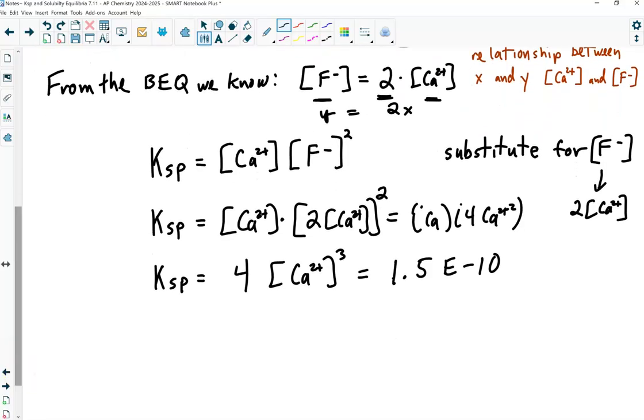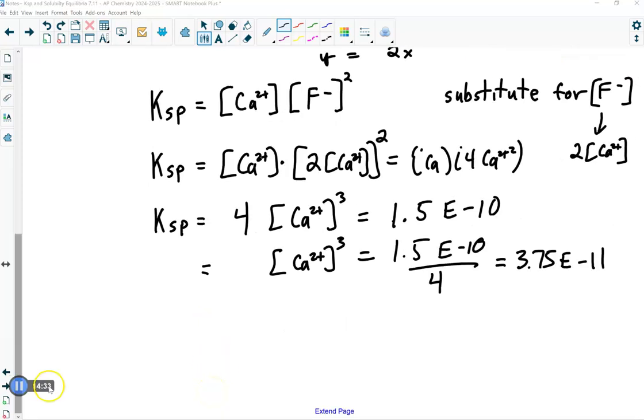Solve for calcium ion concentration. So first, calcium ion concentration cubed is going to be this number divided by 4. And then you're going to take the cube root. All right, so we solve for calcium ion cubed. Get this number, 3.75 times 10 to the negative 11. Take the cube root of both sides, and we will get the final answer.